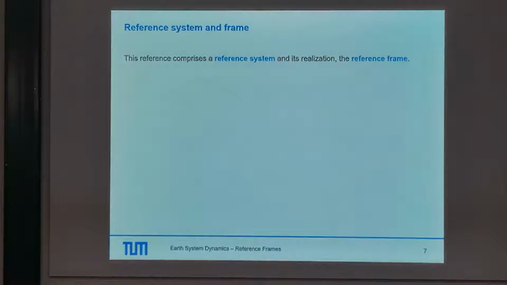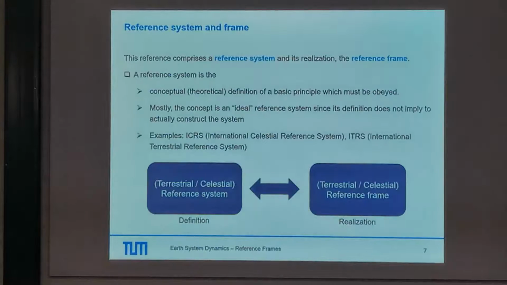And because we always talk about reference systems and frames, there is a really important difference. The reference comprises a reference system and its realization, the reference frame. This is really important now, so please have a look. The reference system is the conceptual definition of a basic principle which must be obeyed.